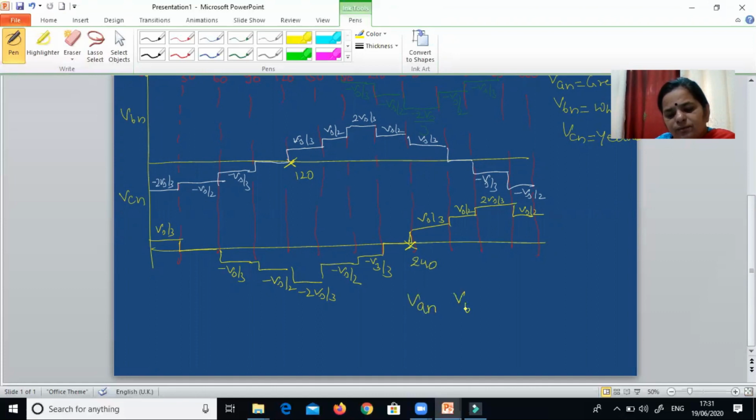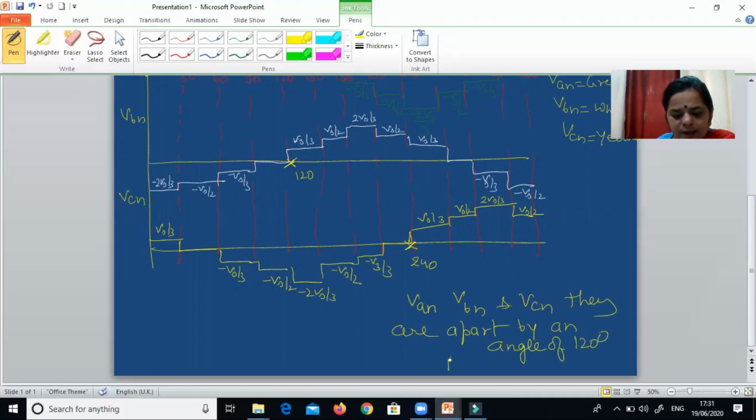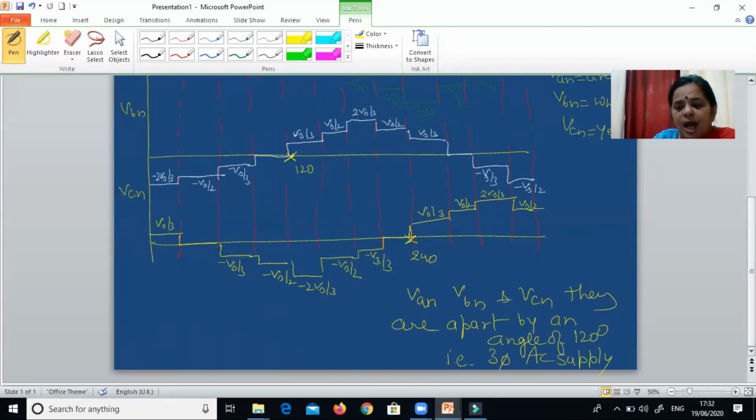So VAN, VBN and VCN are apart by an angle of 120, and this is nothing but three-phase AC supply. With the help of a three-phase inverter, we are going to get the three-phase AC voltages.